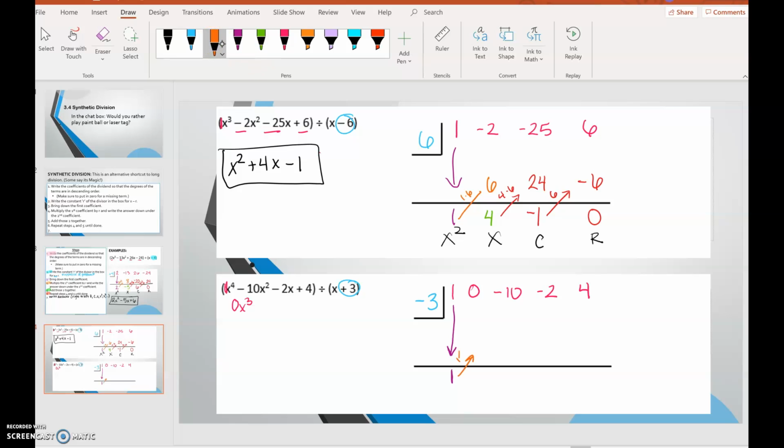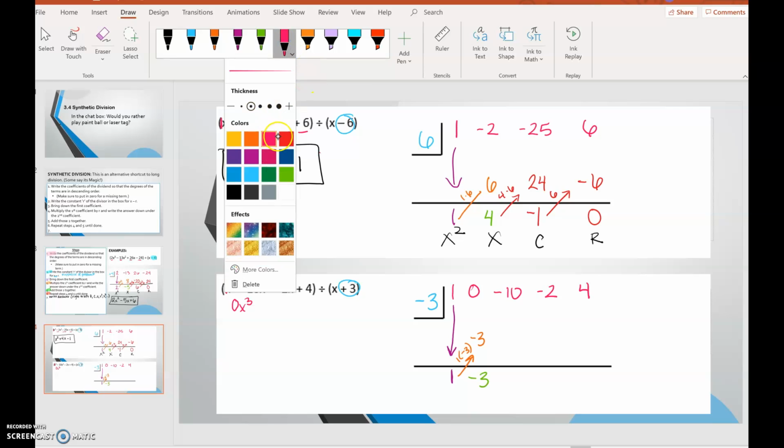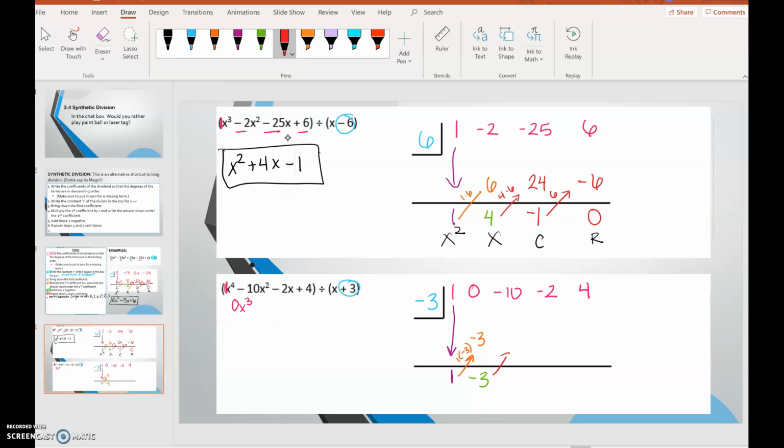So then 1 times -3 would be -3. And then add those. 0 plus -3 would be -3. And then now we just keep doing that. So -3 times -3 would be a +9. -10 plus +9 would be a -1.